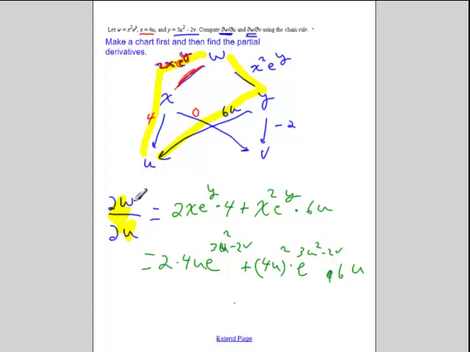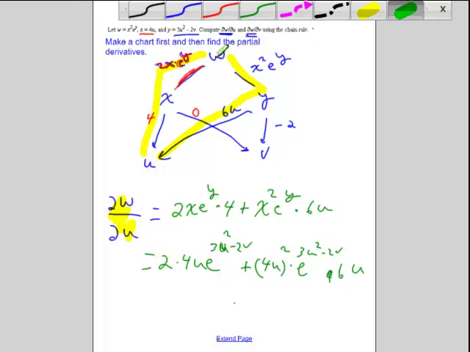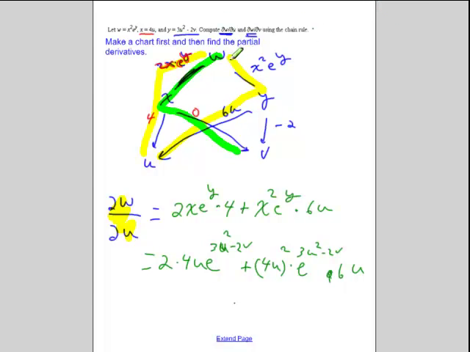And then to do the partial derivative of w with respect to v, it would be the same thing, only then you'd be going down these paths. So that's actually a little bit easier to find because of that 0 there. The partial derivative of w with respect to v is going to be 0 going down that direction, and then x squared e to the y times negative 2 going down this direction.